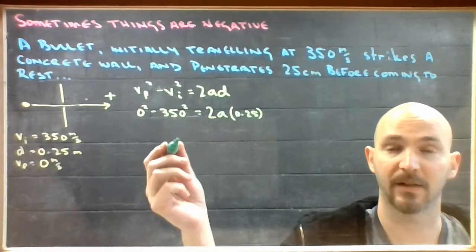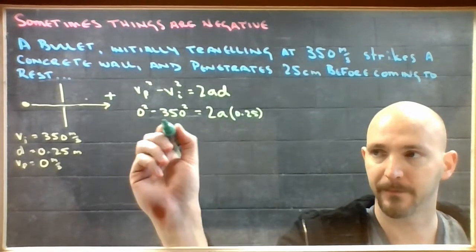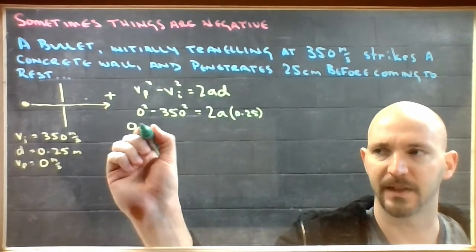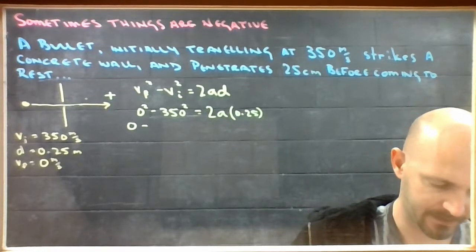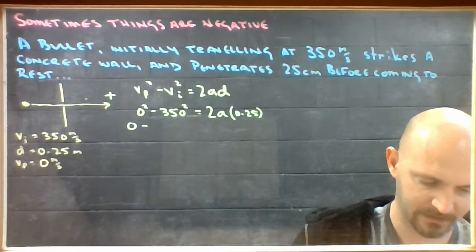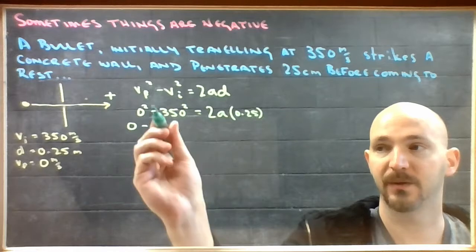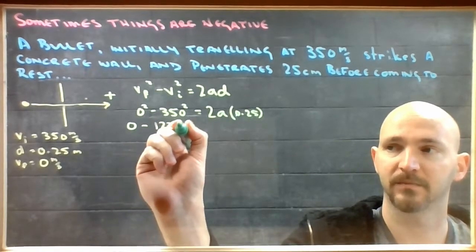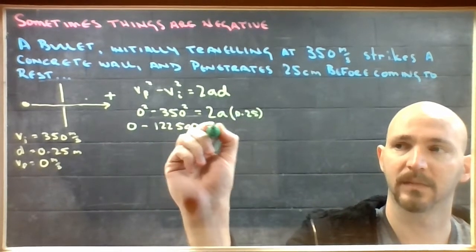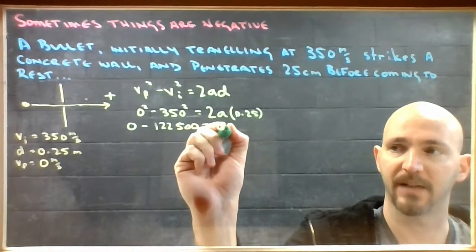So 0 squared is gone. I'm going to write that in here for a second. 350 squared is 122,500, and 2 times 0.25 is 0.5.